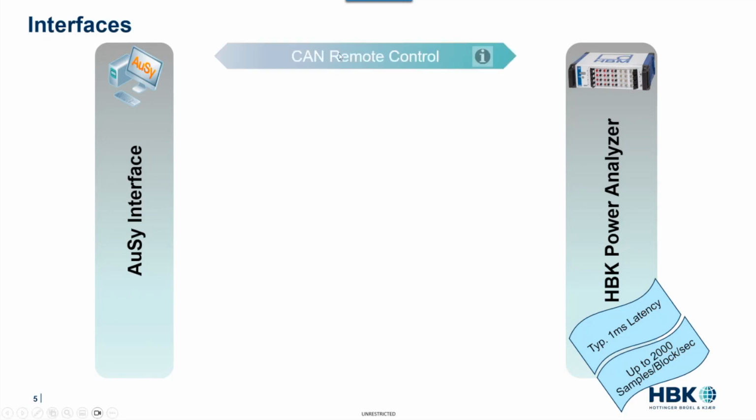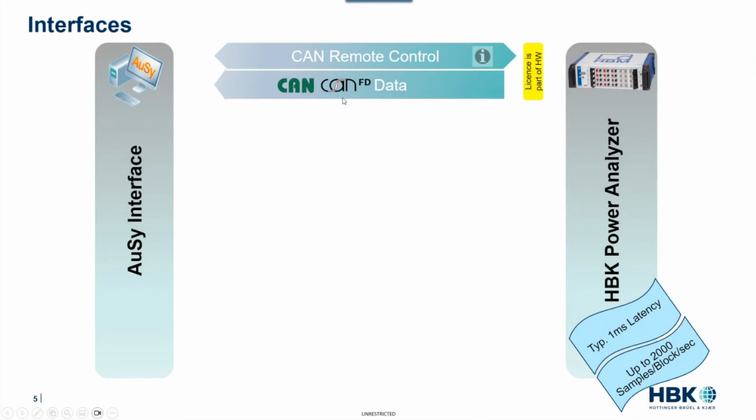Over CAN bus, you can have two-way communication, so real handshaking of commands going to and from both the power analyzer and the automation system. And we are able to provide those real-time calculated results over CAN 2.0 or CAN FD.